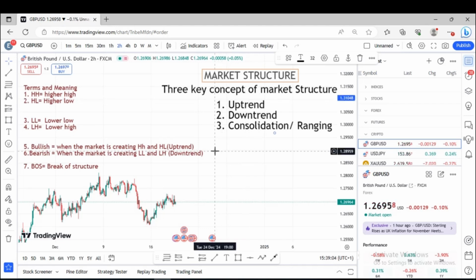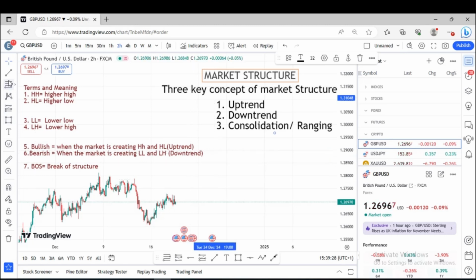So what is the uptrend? An uptrend occurs when prices form higher highs and higher lows, and this signals strong buying momentum, meaning that the market is bullish at the moment. So let me give you a pictorial example of what I mean by an uptrend in the market.